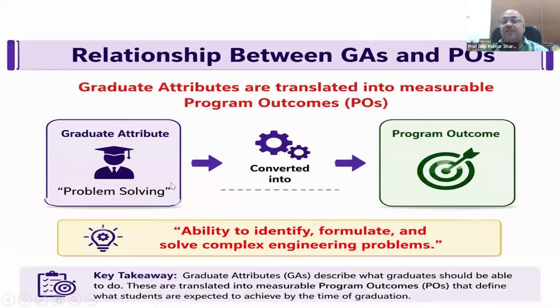Any graduate attribute can be converted into a program outcome. For example, the ability to identify, formulate and solve complex engineering problems. Graduate attributes describe what graduates should be able to do. These are translated into measurable program outcomes that define what students are expected to achieve by the time of graduation.